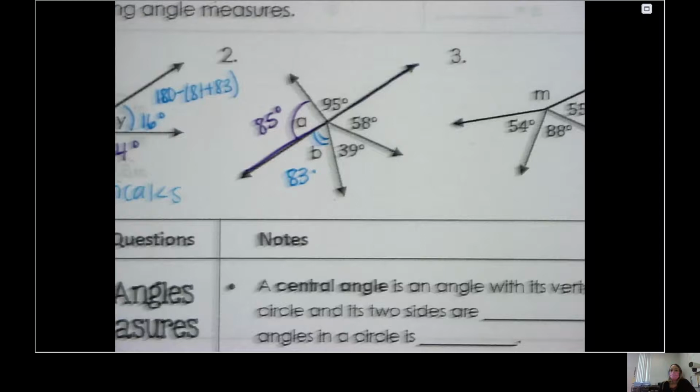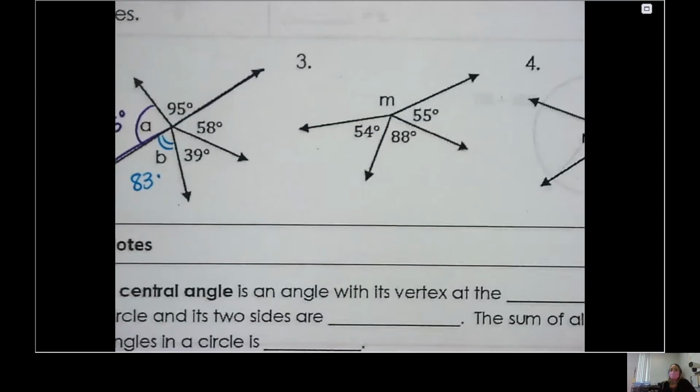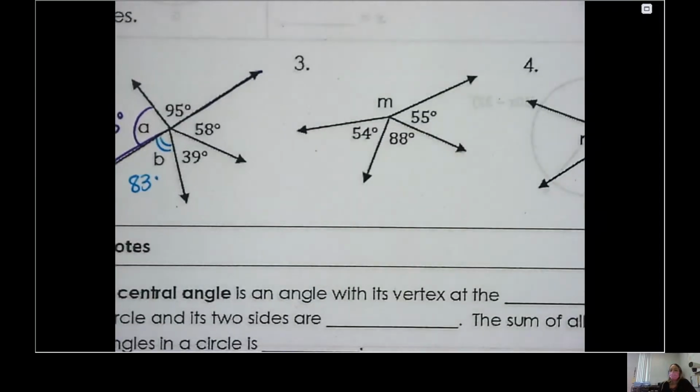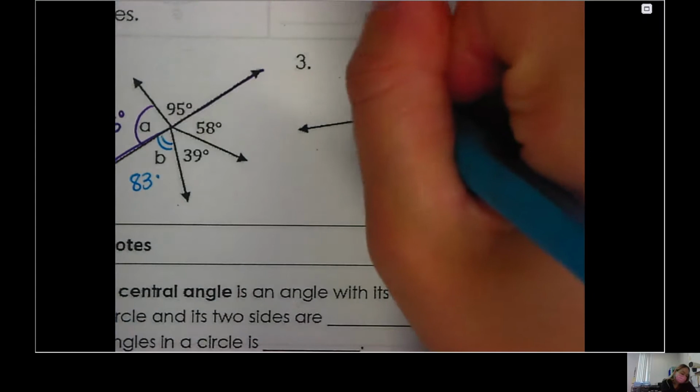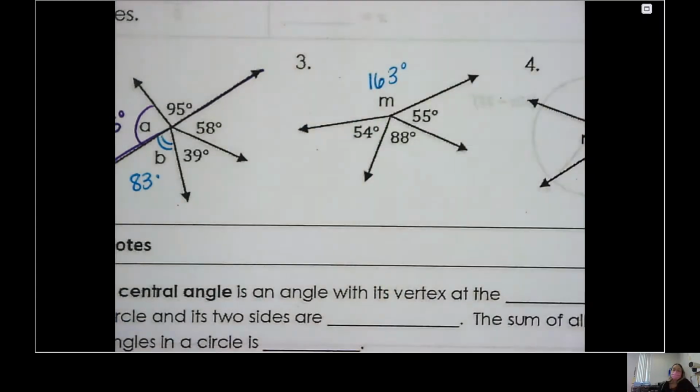All right. Number 3. 163. Now this one's a little different. How'd you get 163? And then subtract from 360. Why would you subtract from 360? A full circle is 360.